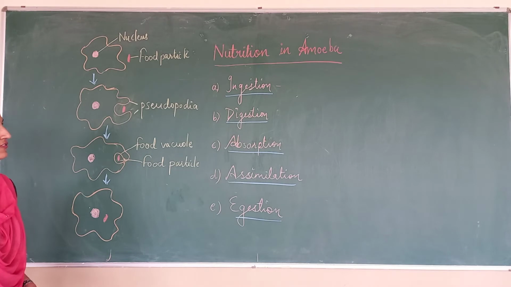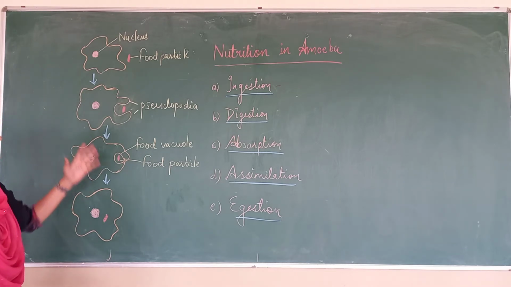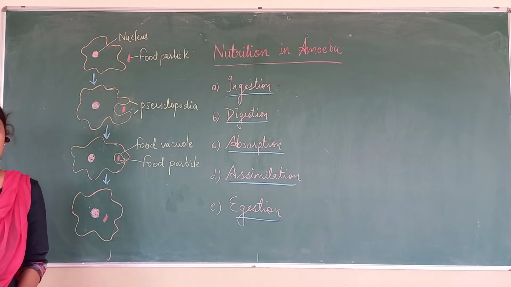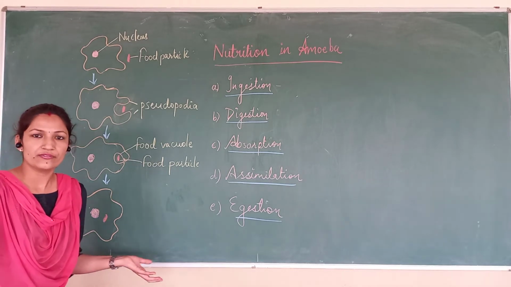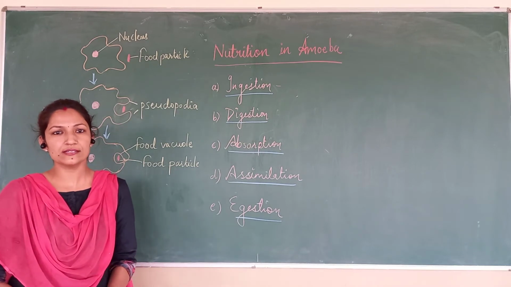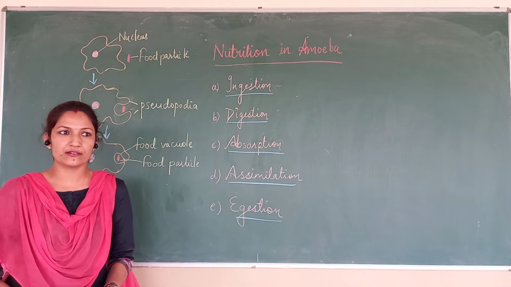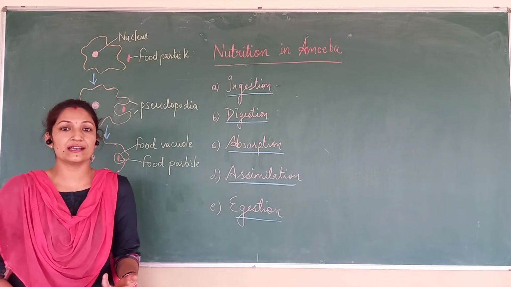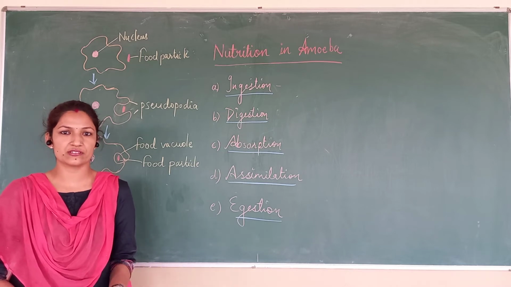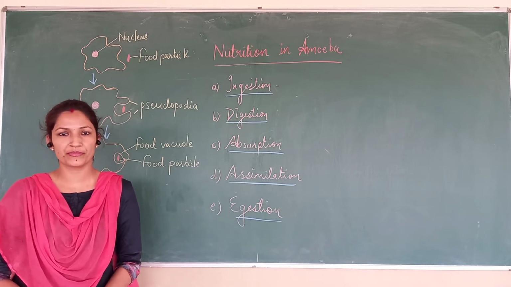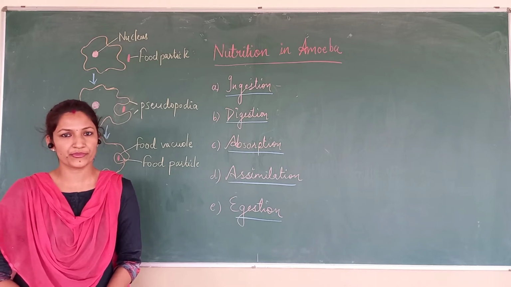In the case of amoeba, as you can see over here, the cell of amoeba is irregular in shape. As we know, single cell organisms don't have any specialized structure to perform various functions, especially in the case of amoeba, because it changes its shape accordingly.